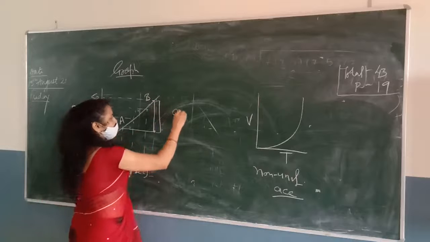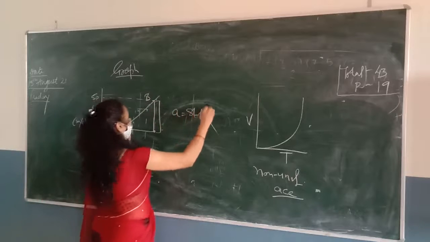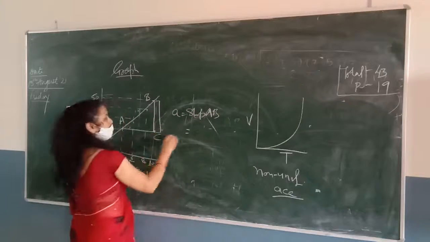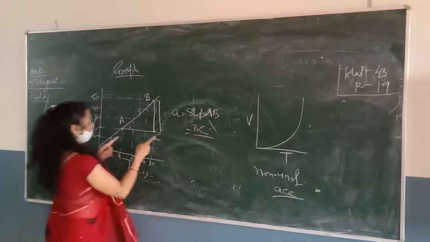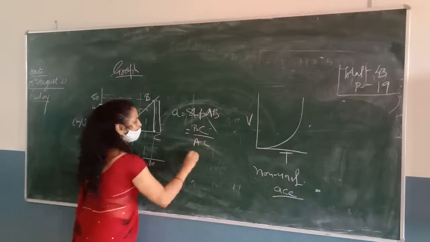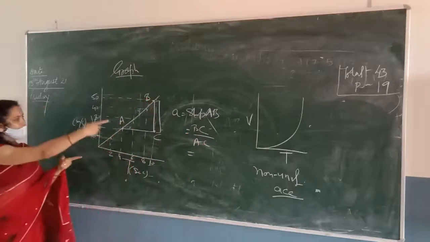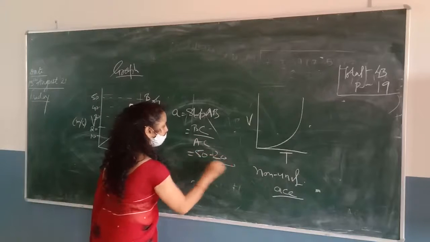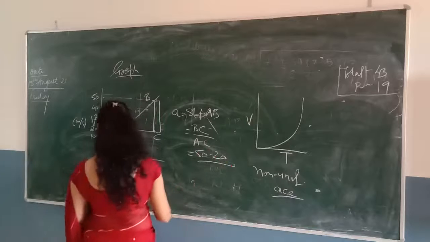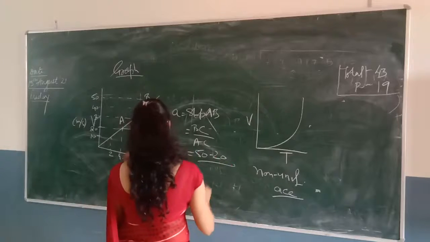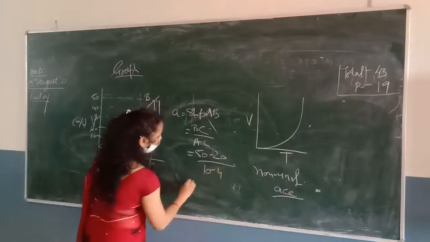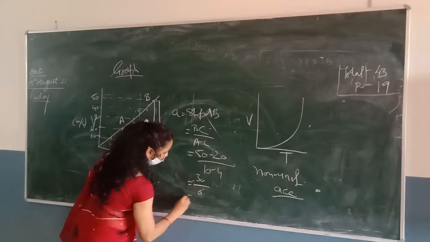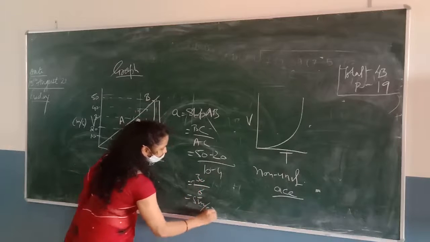So acceleration will be slope AB, that is BC upon AC. The length of BC will be 50 minus 20. And what is the length of AC? It is 10 minus 4. 30 upon 6, 5 meter per second square.